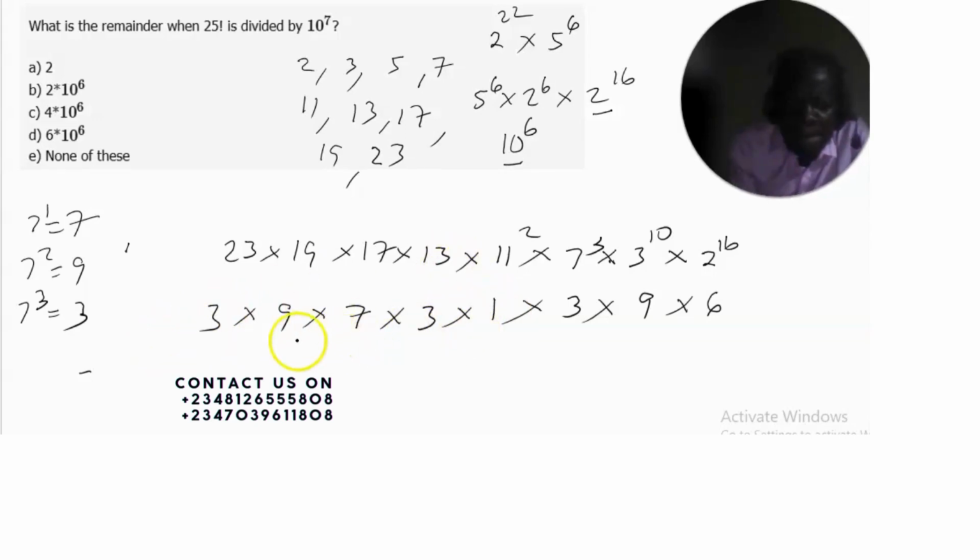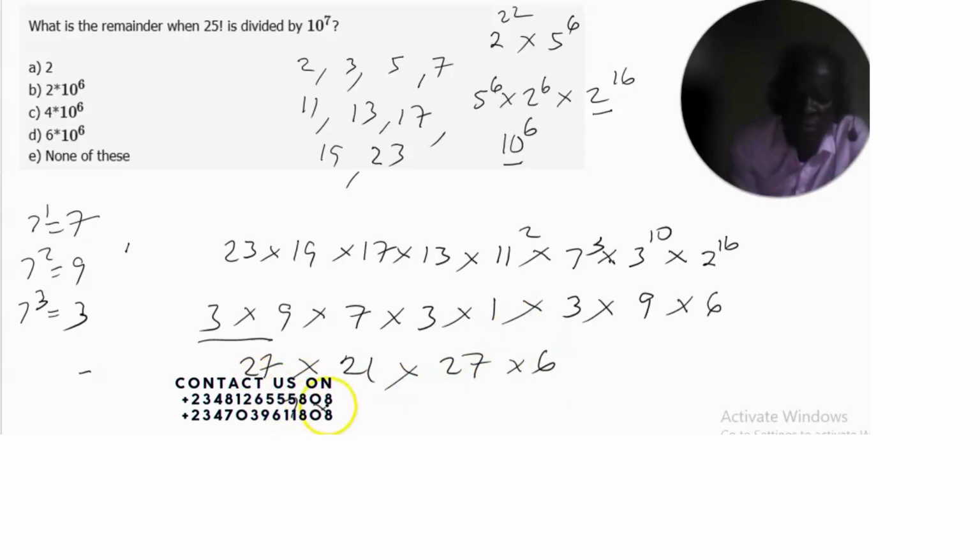So 3 times 9 is 27. Then 7 times 3 is 21. 1 is of no effect. 3 times 9 is 27. And we have 6. Since we are looking for unit digits, it is the unit digit of all these numbers that concern us.